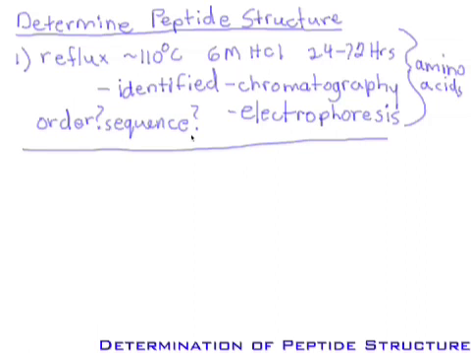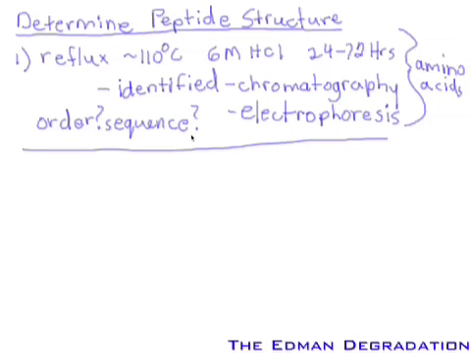Order is very important. So if we want to determine amino acid sequence, we have to carry out what is called terminal residue analysis. Now, in terminal residue analysis, there are two methodologies. We can analyze from the N-terminal residue.